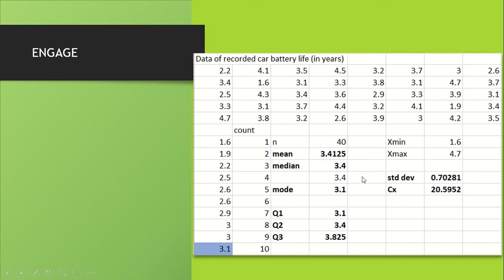Get the mean, median, mode, and standard deviation, so that you can determine if data are clustered or not, together with the CV or the coefficient of variation. These are the quartiles, Q sub 1, Q sub 2, and Q sub 3. Now we'll only be needing Q sub 1 and Q sub 3. So again, this would be all. See you on our next discussion.